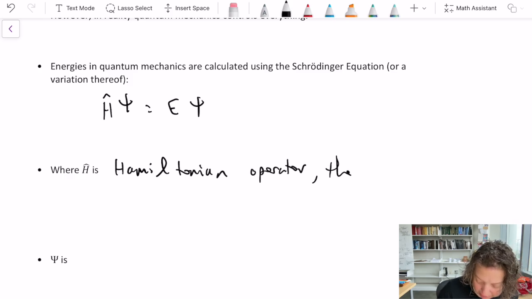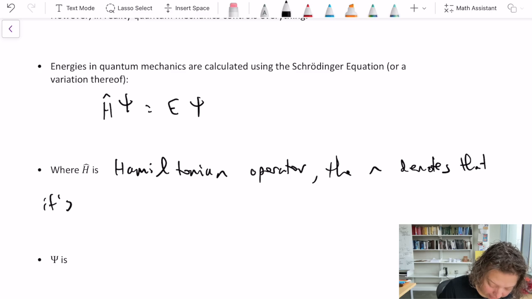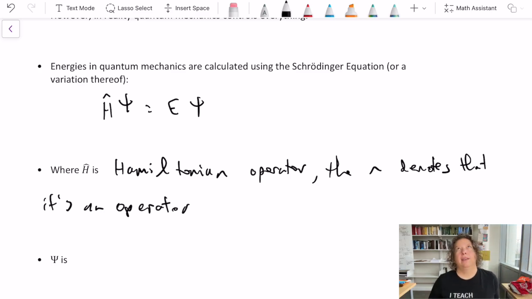The hat denotes an operator. An operator operates on a function. For example, d/dx is an operator that operates on a function, takes the derivative with respect to x. The hat denotes that this is going to be an operator, and we'll get into that in a minute.